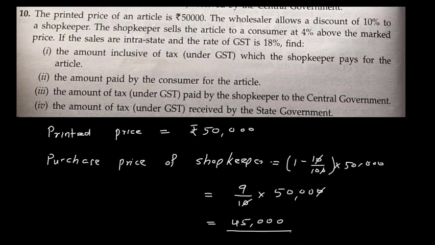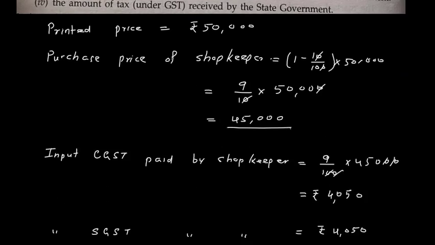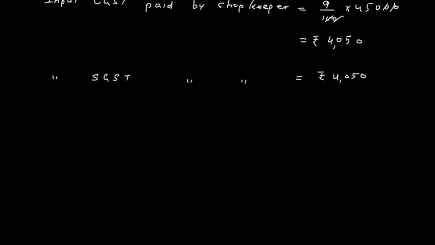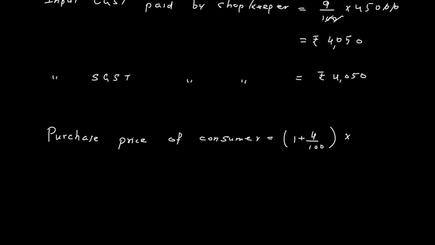Now the shopkeeper sold this to the consumer at 4% above the mark price. So the purchase price of the consumer is 4% above the mark price, that means it is 1 plus 4 upon 100. So far we were subtracting because discount was there, but now it is 4% more.